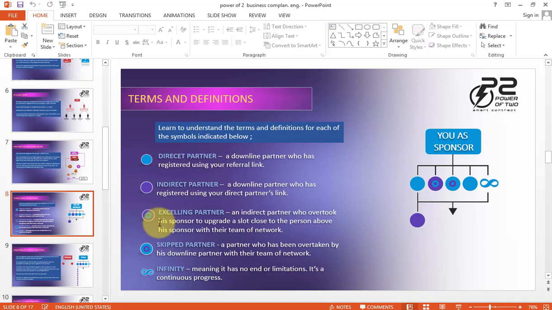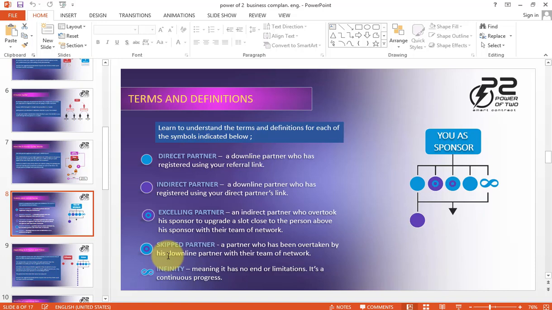All right guys, so let's move on to the next symbol over here. It shows a skip partner. A skip partner is someone who has been overtaken by his downline partner with their team of network.